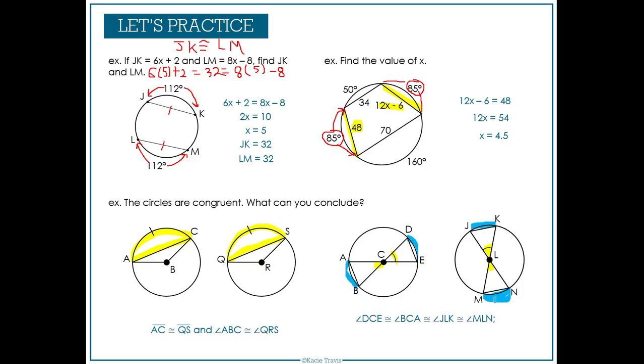These are all the arcs at the end of these angles. They are DE, AB, JK, and MN. After we got this, we also got the chords that are made up underneath each of those. If arc DE is congruent to arc AB, then that means that chord DE is congruent to chord AB, and so on and so forth.